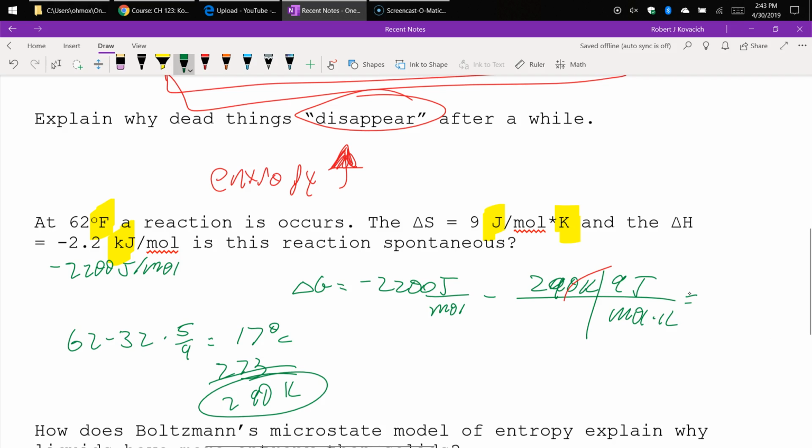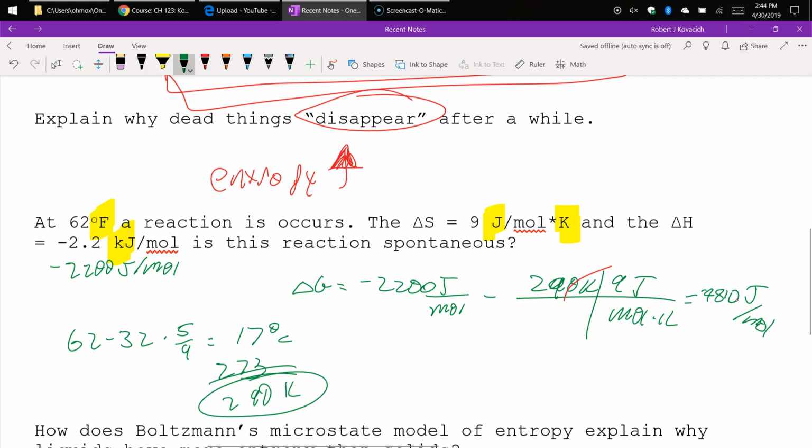So negative 2200 minus 290 times 9. So this will be negative 4810 joules per mole.